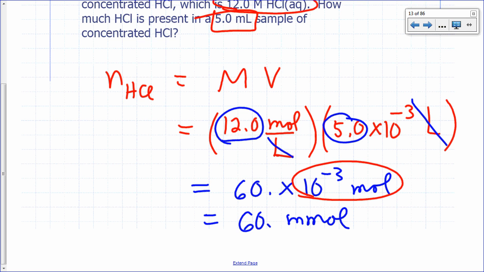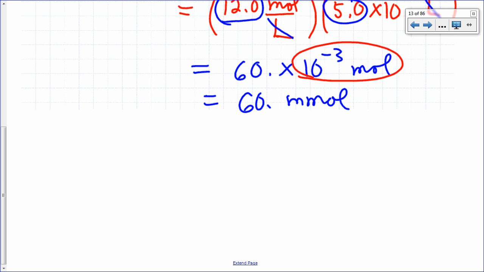So molarity times volume in mL, 12 times 5, 60. That's 60 millimoles. If you want it in moles, you just multiply this out. So in moles, that would be equal to 0.060 moles of HCl.